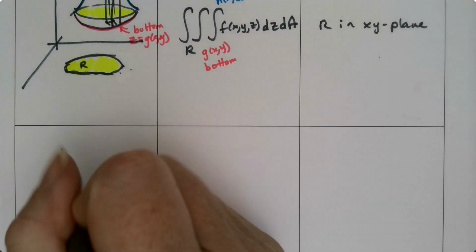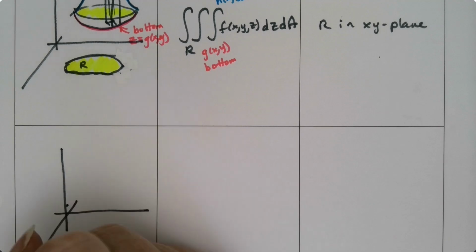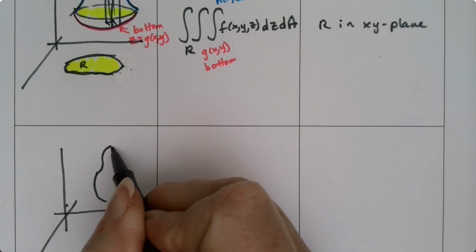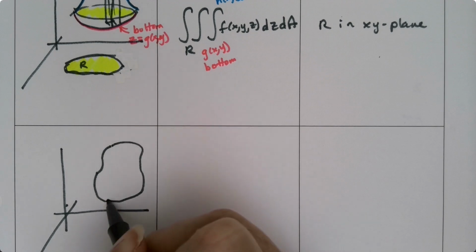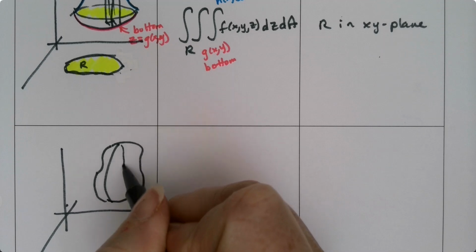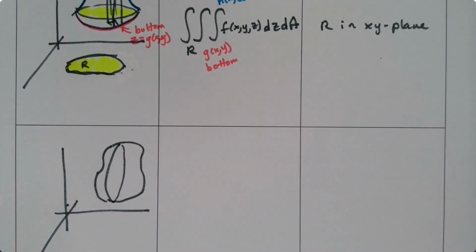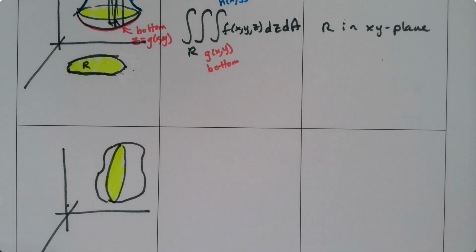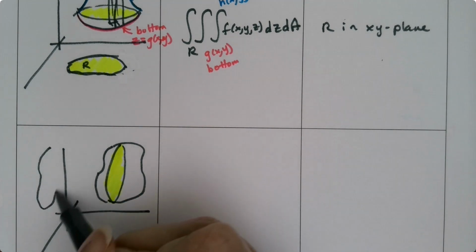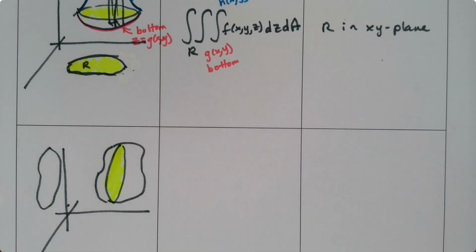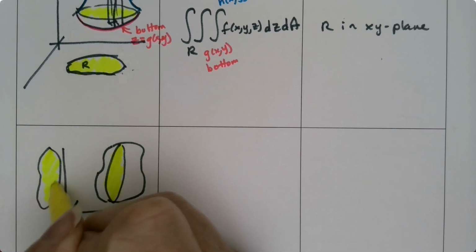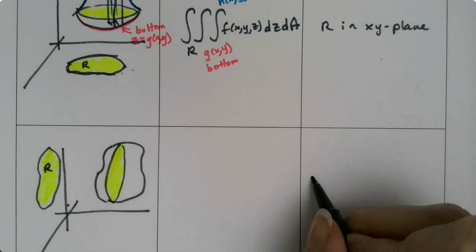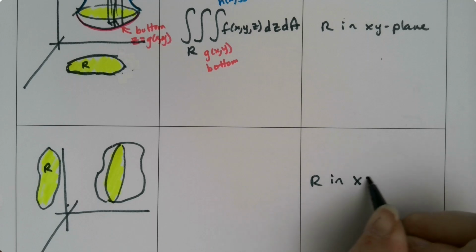All right, so let's draw it again. But this time, let's make it so that we have two objects going like this. So then this region gets pushed back into the XZ plane, right? So R is in the XZ plane.